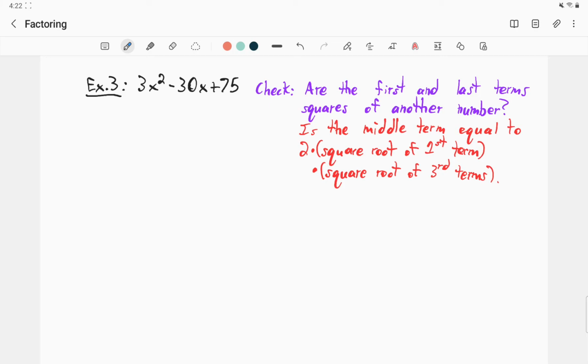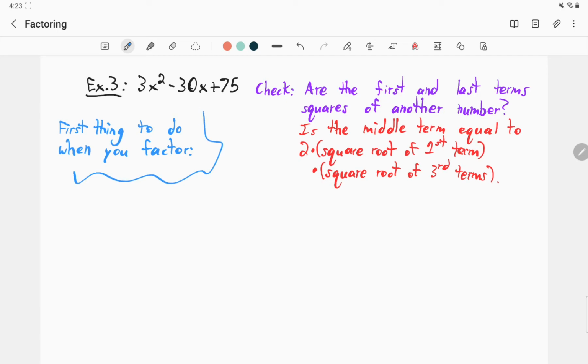But there is something else we can do, and this is the first thing you always do when you factor. I said this before in another video, I think. But the first thing you always do when you factor, and this is super important, check for a GCF.